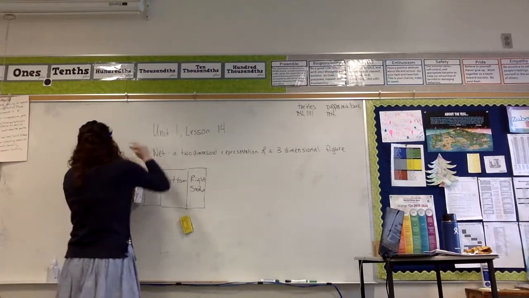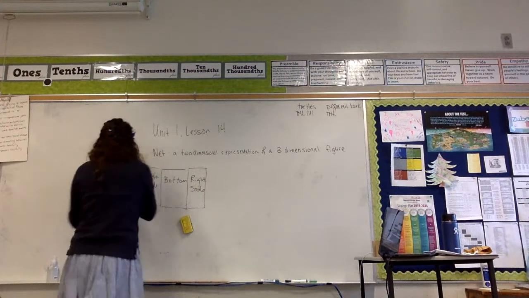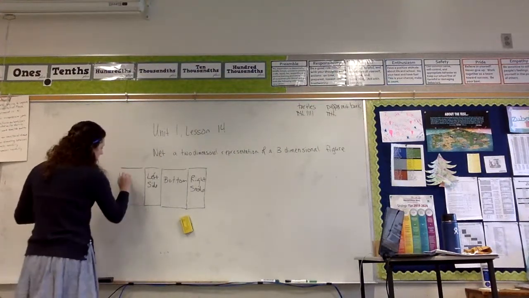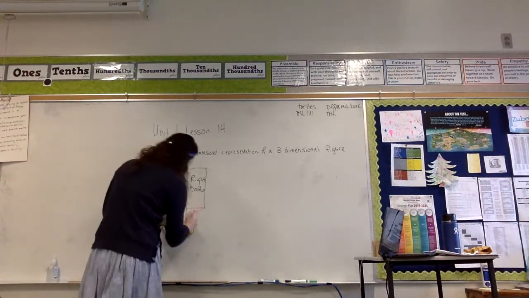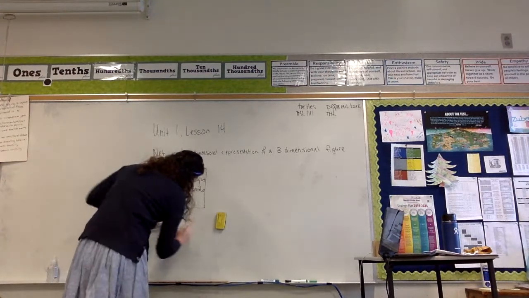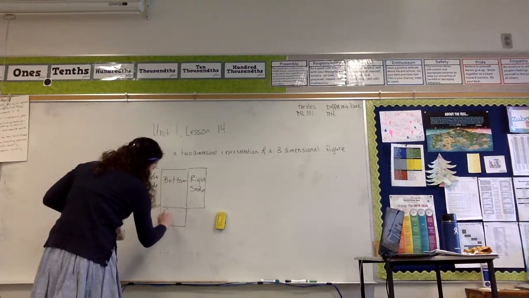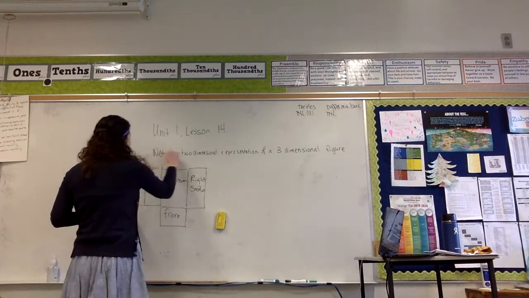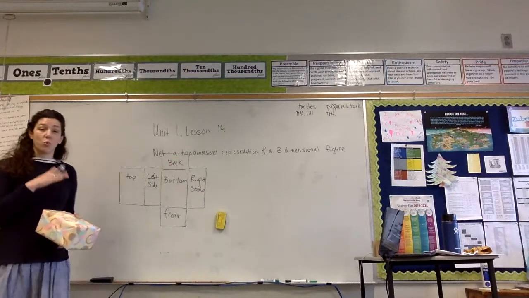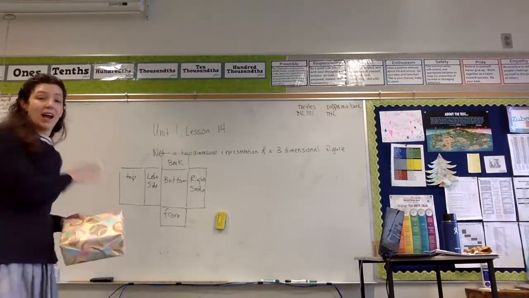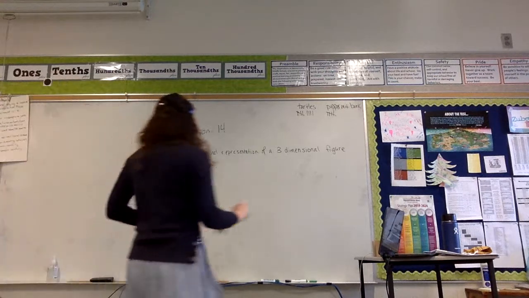And the top. And the front. And the back. Now, this is just one net that I could draw for this box, right?